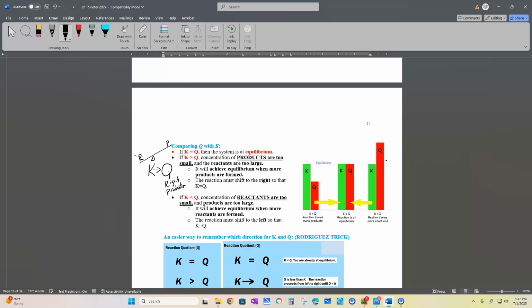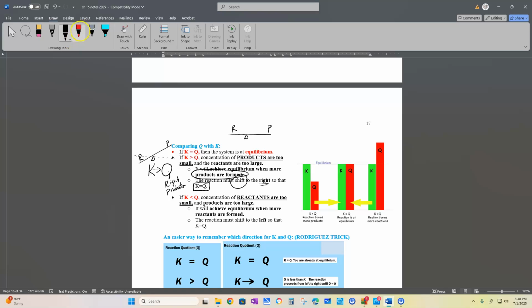Because remember, if we want equilibrium, we want a teeter-totter that is equal reactants and products, not one side weighing it down. So if you have too much reactants, to achieve equilibrium we need more products. So we need to shift the reaction to the right. And how do we do that? Well, we've got to produce products. And what's the point of the shift? We're trying to get K equals Q.